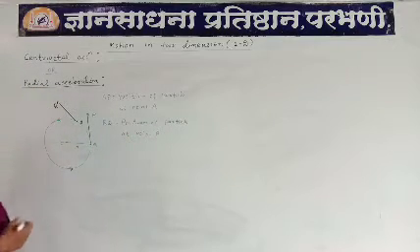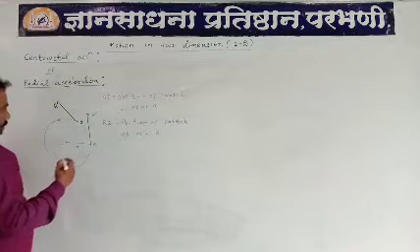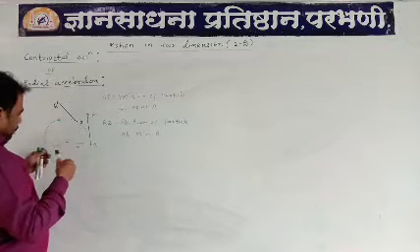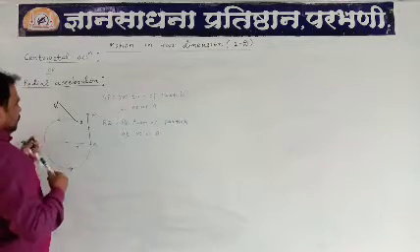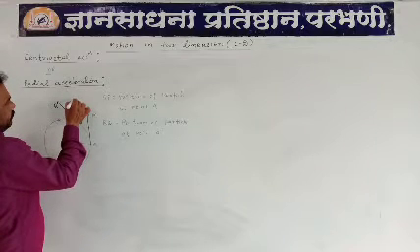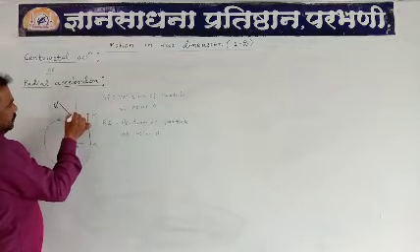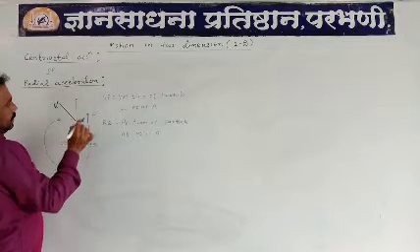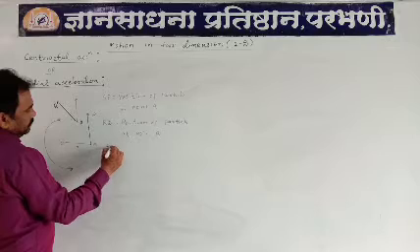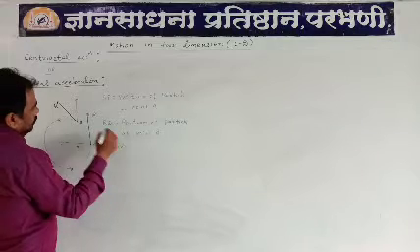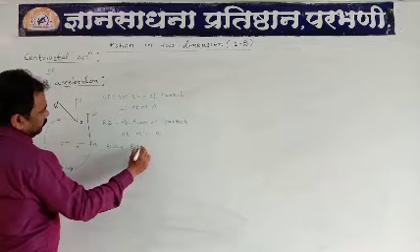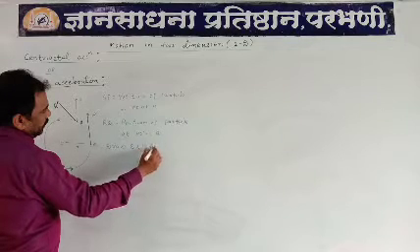This one is the notation. Now we have to draw one tangent which is parallel to AP. So draw BR, which is parallel to AP.